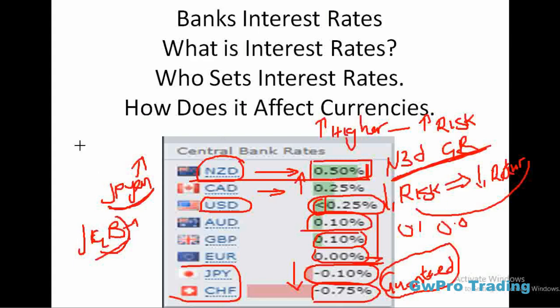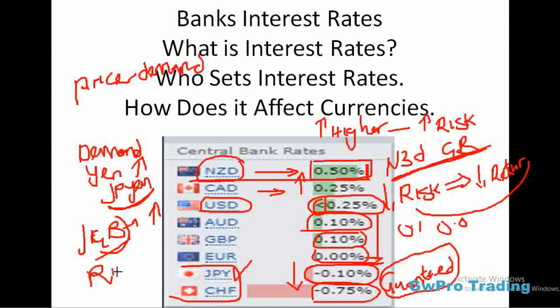Definitely, when there is great demand for yen, definitely we could expect that yen will go up. All right, price is a function of demand. So we have the demand for yen in a risk off market mode.